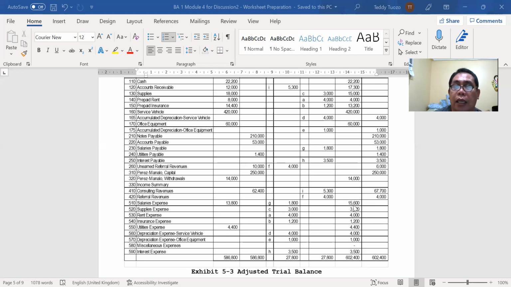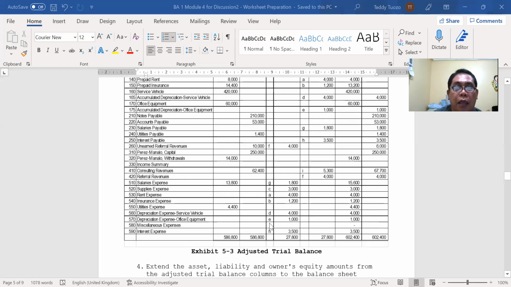So that's why it is added to arrive at the balance of the adjusted trial balance column. Supplies, no entries here, so you simply copy that one. Utilities expense, no adjustment, so copy. And depreciation expense, initial recognition, no previous amount or beginning balance, so we simply copy it.